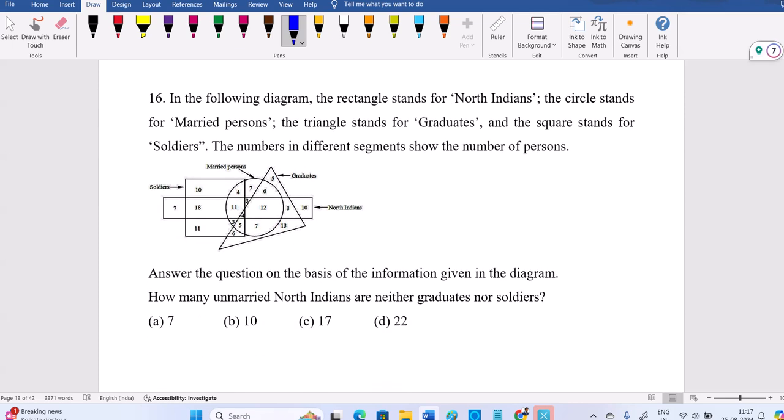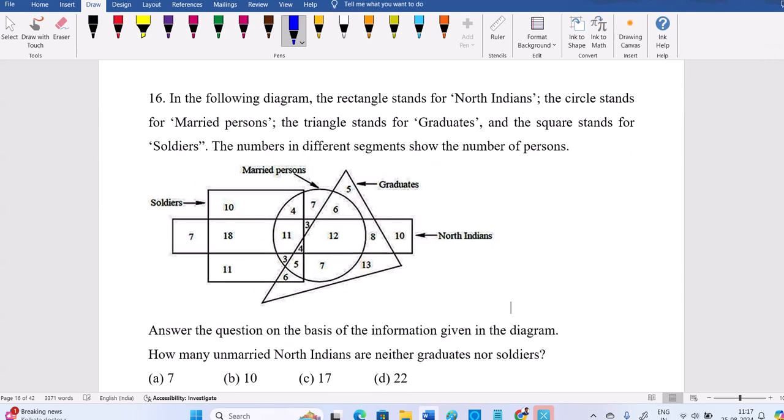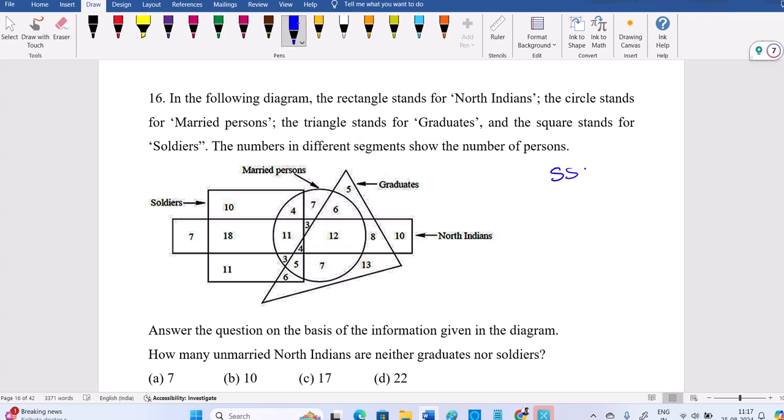Now Venn diagrams, most often you can find questions like this. The diagram is already given, they'll ask questions related to that. This is very, very important. And you can find this type of examples in SSC papers. SSC JE or CGL, any reasoning paper, you can find this type of questions for sure.